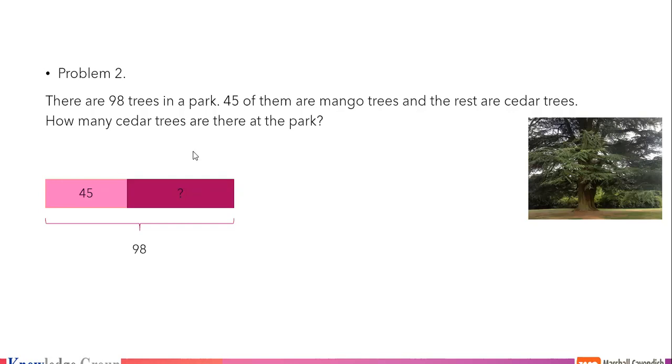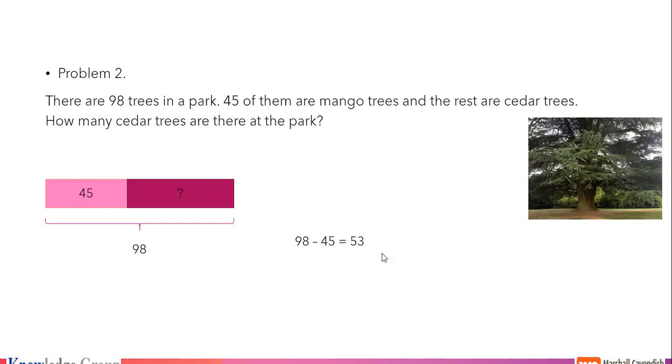And to find a difference, what do I need to do? I need to subtract. So I go ahead and solve my subtraction. 98 minus 45 equals 53. Okay, so that is the difference.